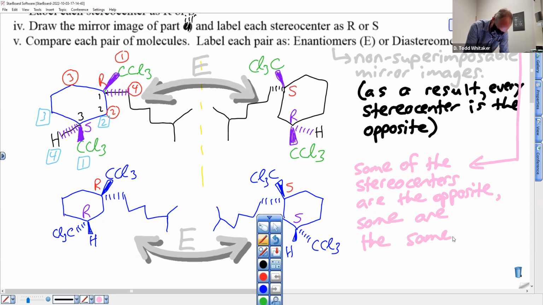And what's that the definition for? Diastereomer. Not the same as an enantiomer.